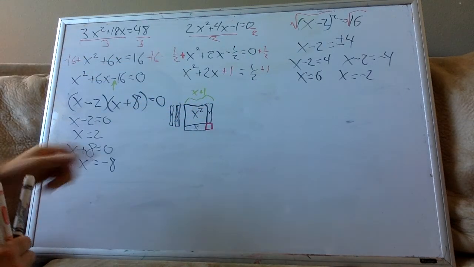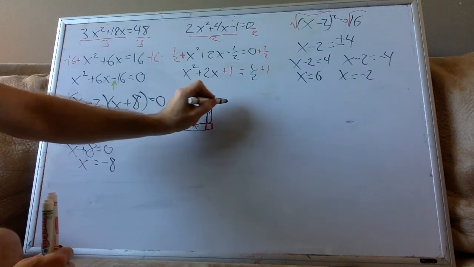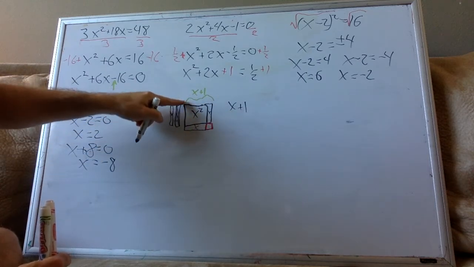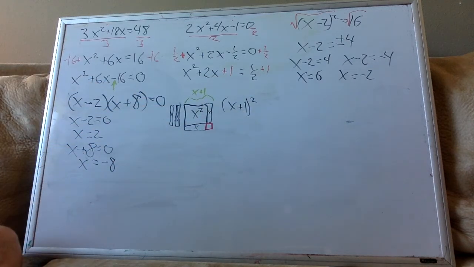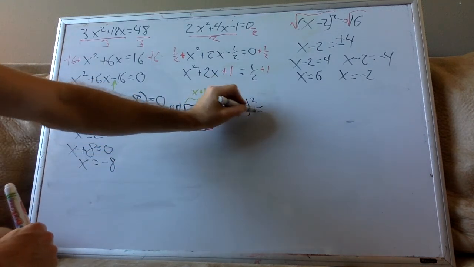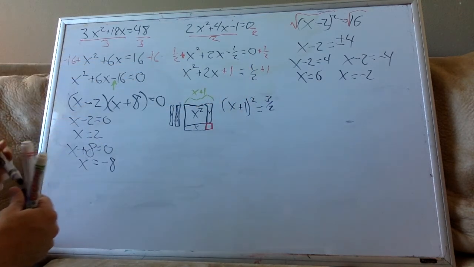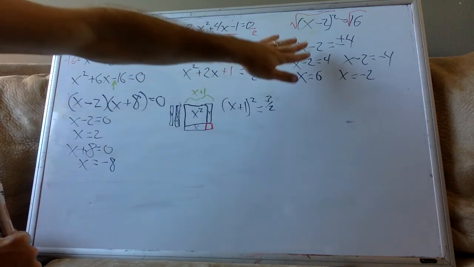Now that I've done that, I can rewrite that as x plus 1 times x plus 1, so I'm going to write that as x plus 1 quantity squared. And that's equal to my 1/2 plus 1, which I'm going to call 3/2. Okay. Now I can use the method over here.